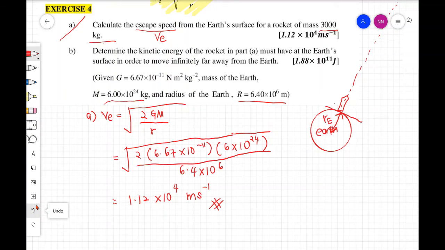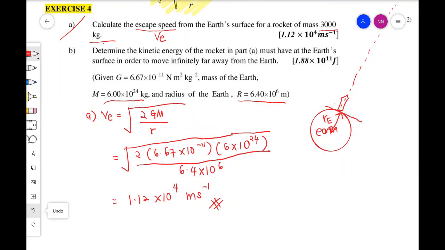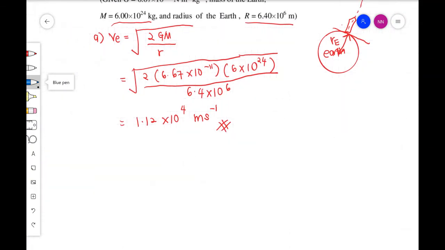And then B, determine the kinetic energy the rocket in part A must have at the Earth's surface in order to move infinitely far away from the Earth. Kinetic energy. So formula for kinetic energy is kinetic energy equals half mv squared.